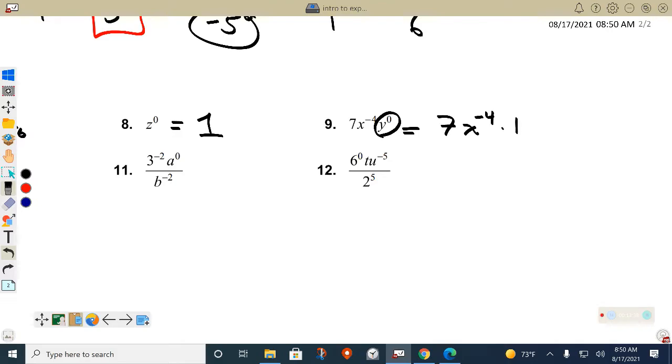Is it not? So far, so good. Now, 7x to the negative 4 times 1 is just going to be 7x to the negative 4th, because anything times 1 is itself. So I'm just rewriting everything like that.